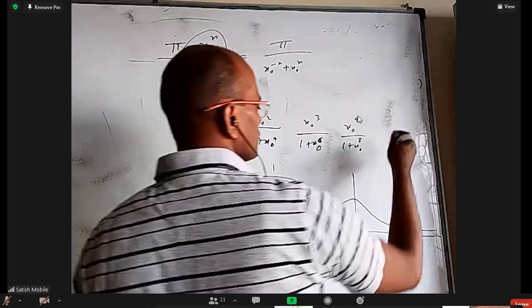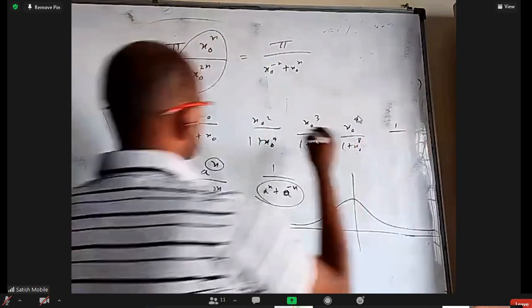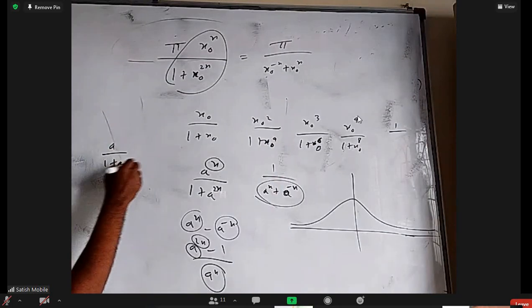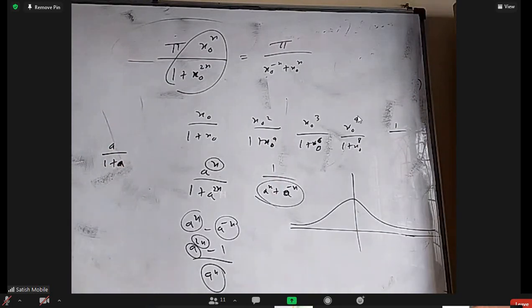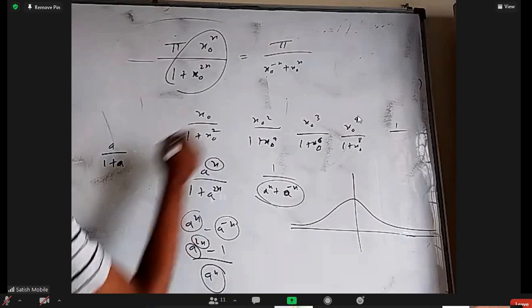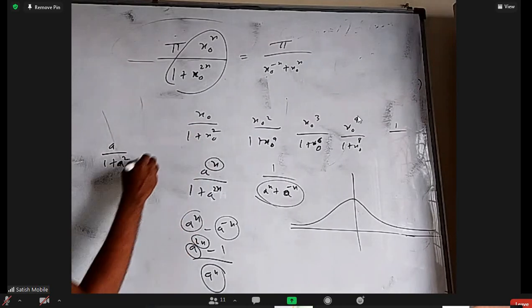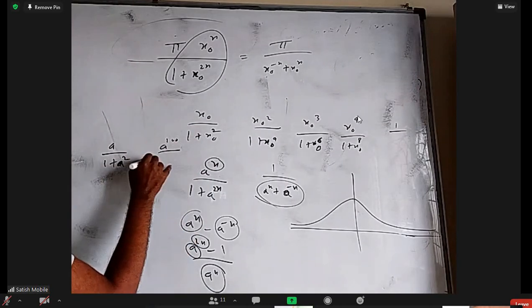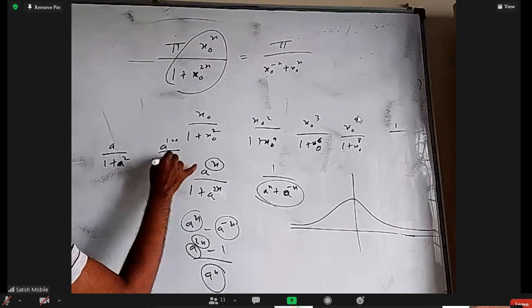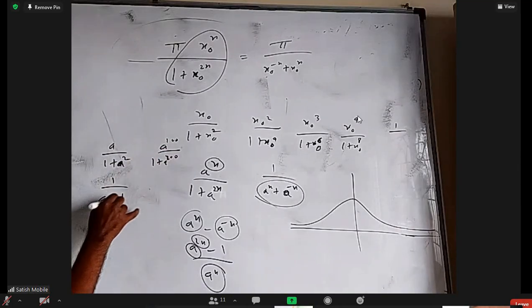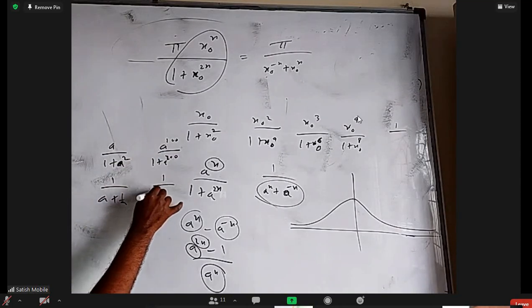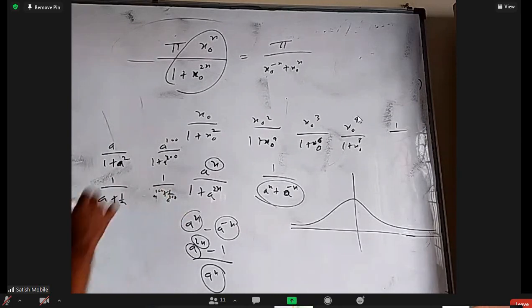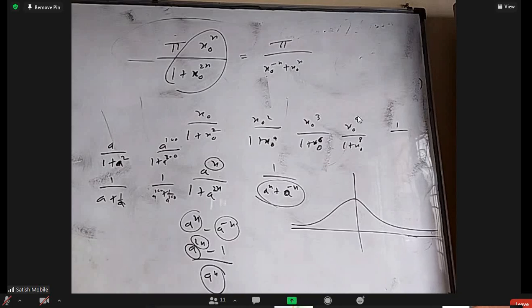Finally, initially it is like a by 1 plus a. No, a by 1 plus a square. Okay. A by 1 plus a square, and finally it is like something like a power 100 by 1 plus a power 200. 1 by a plus 1 by a here, 1 by a power 100 plus 1 by a power 100. I can take a more than 1 or less than.